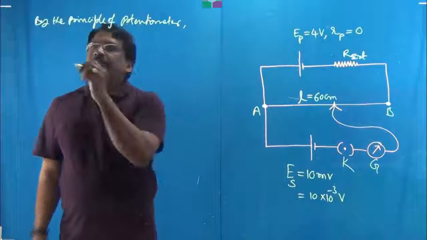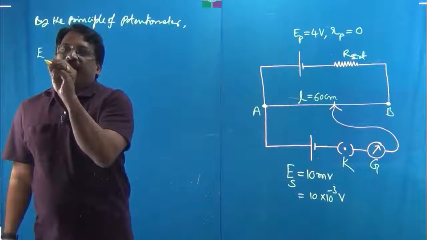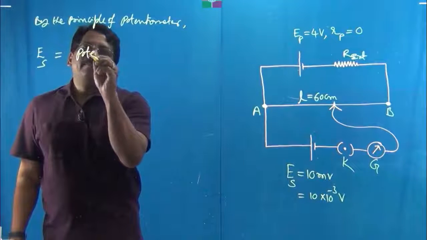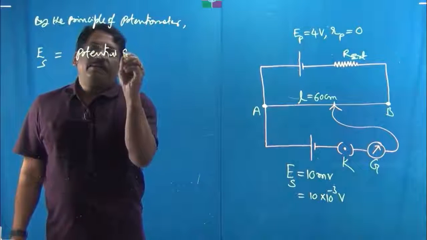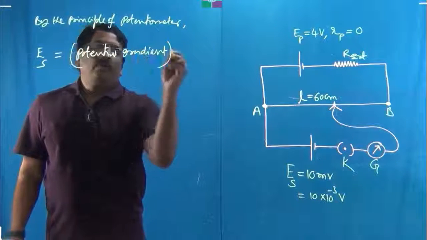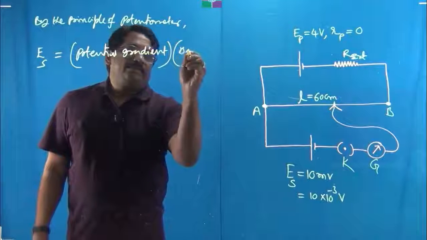we know that the EMF in the secondary circuit is equal to the potential gradient along the length of the wire into the balancing length.